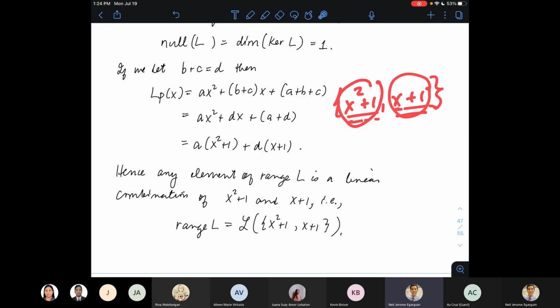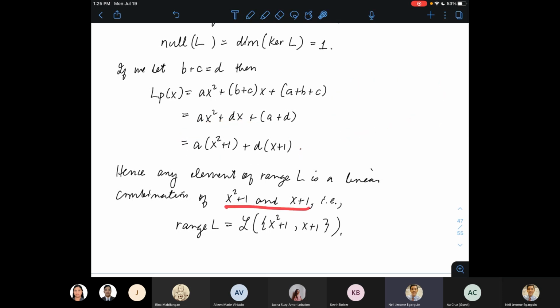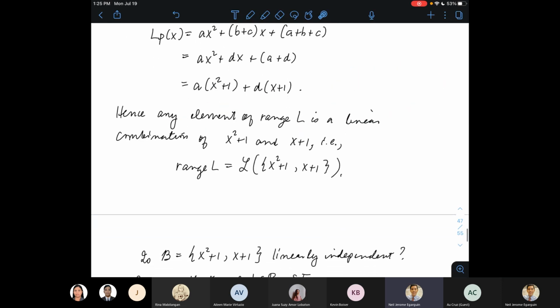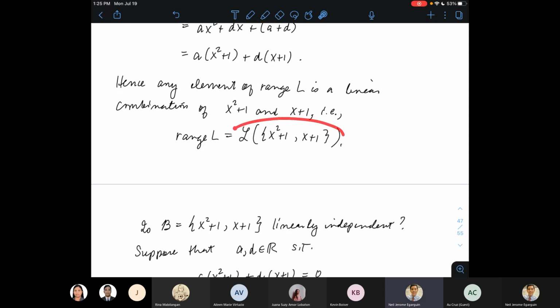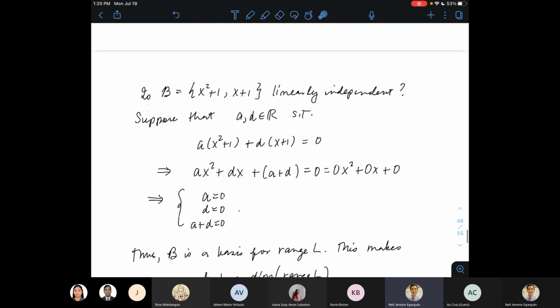So that means x plus 1 is not a multiple of x squared plus 1 and vice versa, making this set linearly independent. It's linearly independent, and any element of the range is a linear combination of those two guys. So therefore, the range of L is this set with basis x squared plus 1 comma x plus 1, right?